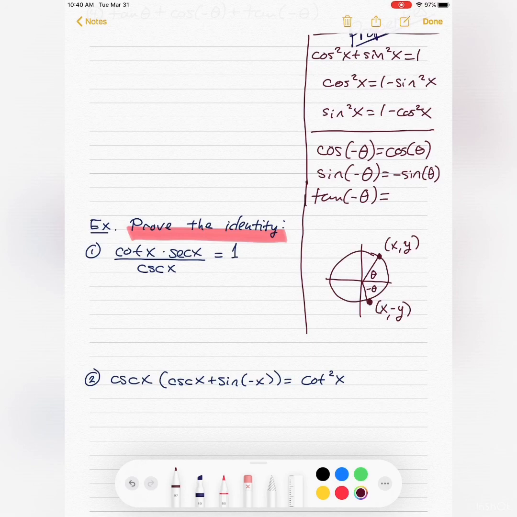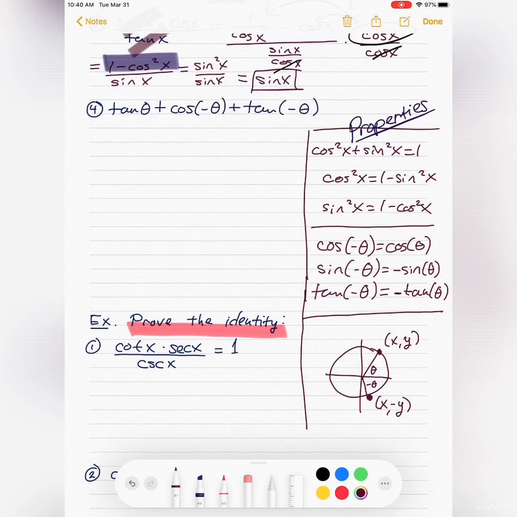Okay, now tangent's easy. Tangent is sine over cosine. So I would have one negative and one positive, so it'd be negative, right? So those are a couple more properties that I can use.